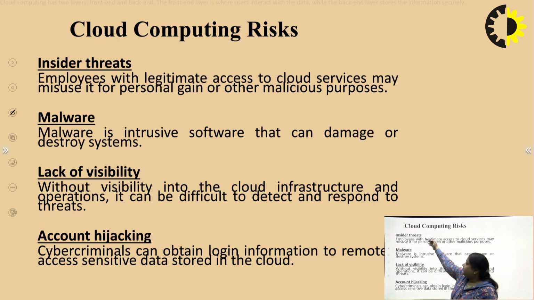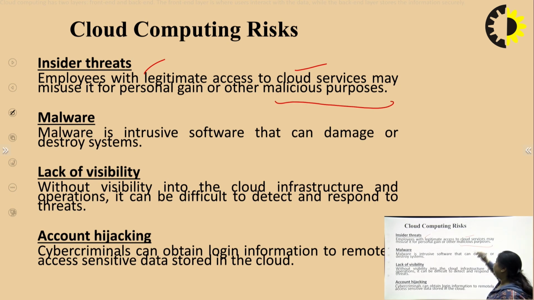Now next is insider threats. Employees with legitimate access can also harm the systems or falsely access the cloud services and misuse them for personal gain or some malicious purpose. Next one is malware. Malware is intrusive software or a virus that can damage or destroy the system. Next one is lack of visibility.